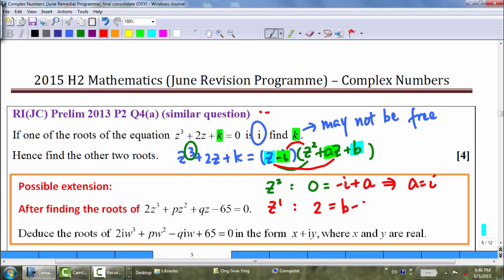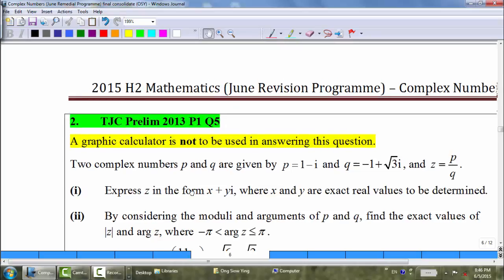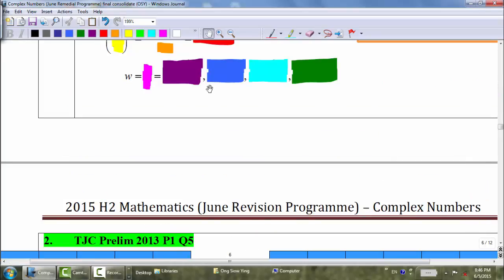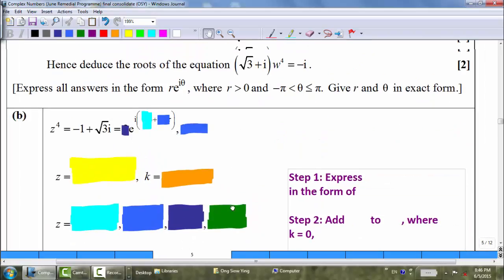So it's minus ai. From there, hopefully you will be able to find your b. Once you know your b, you can put your a and b into the equation, and you will be able to solve for k.